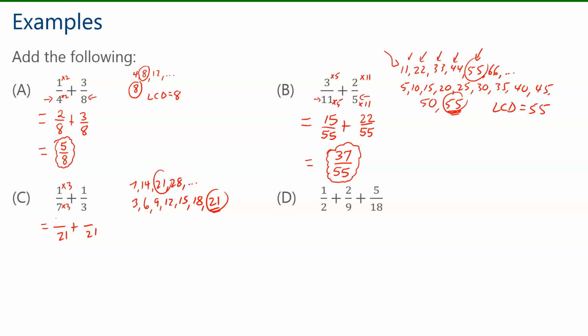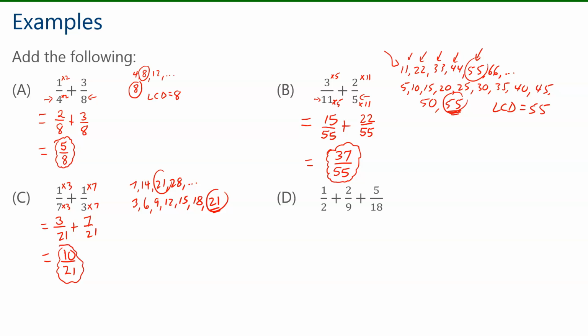Multiply the numerator by 3, I get 3. 3 times 7 is 21. Multiply the numerator by 7, I get 7. So I have 3 over 21 plus 7 over 21. Common denominator is 21. Add the numerators, and I get 10. And that, too, is simplest form.